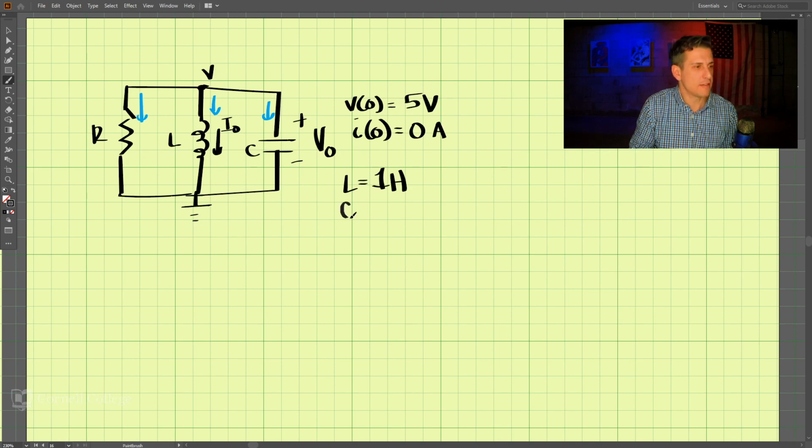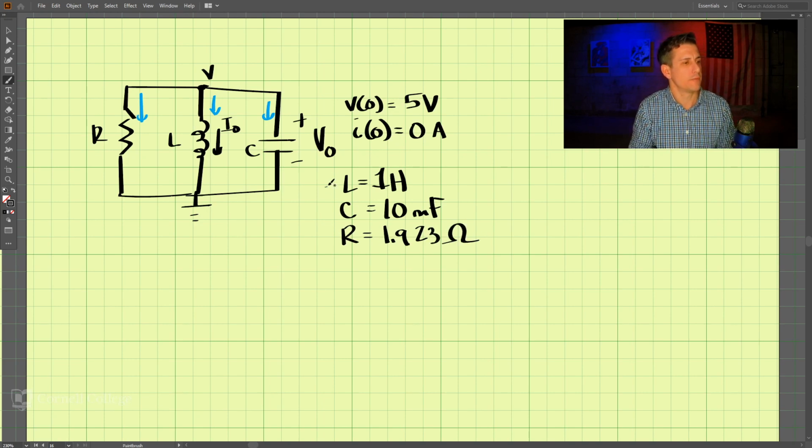And our capacitance is 10 millifarads, 10 millifarads for our capacitance here. And our resistor is equal to 1.923 ohms. Okay, so here are our values.